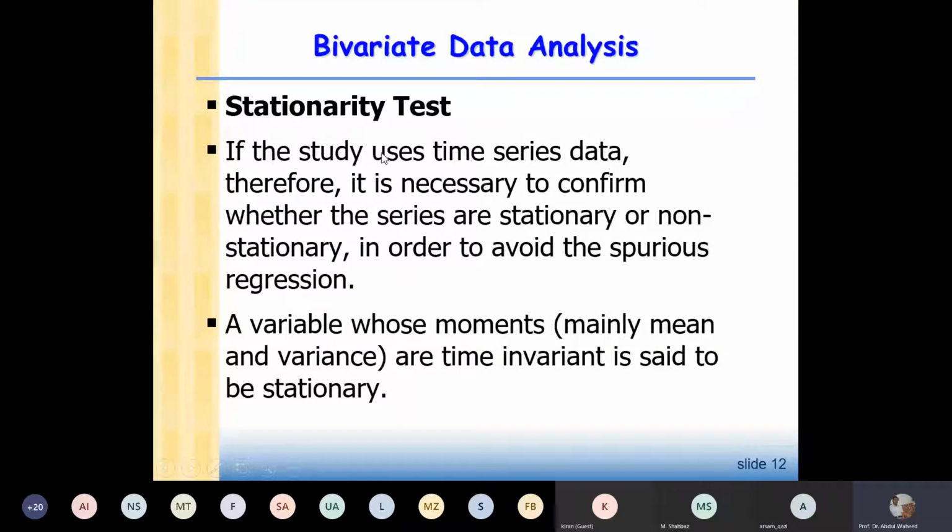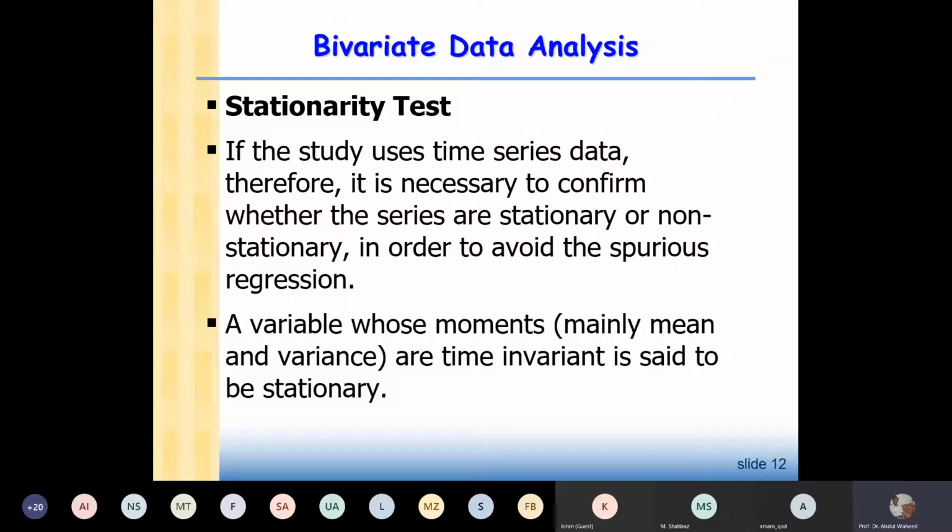For a stationarity test, we have the Dickey-Fuller test, the Augmented Dickey-Fuller test, and the Phillips-Perron test. So there are different tests to test the stationarity of a variable. Why do we want to test the stationarity of the variable?